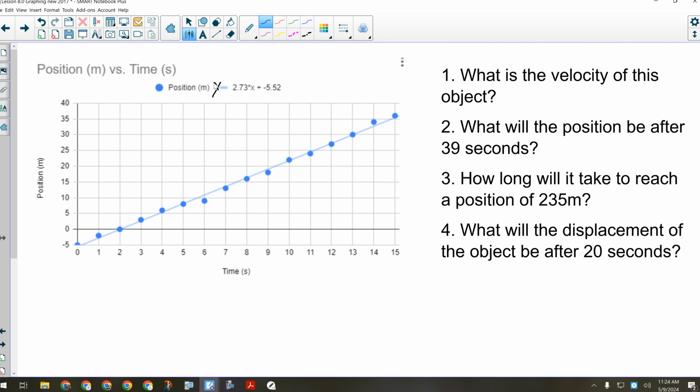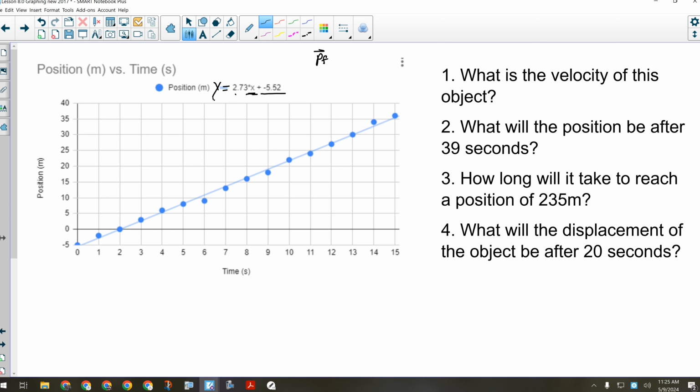Okay. When they give me this equation here, y equals 2.73 times x plus -5.52, they're telling me I can calculate a position, y, because I know the initial position, and if I know the time, x, I would also know this number. So I know that y would be final position.